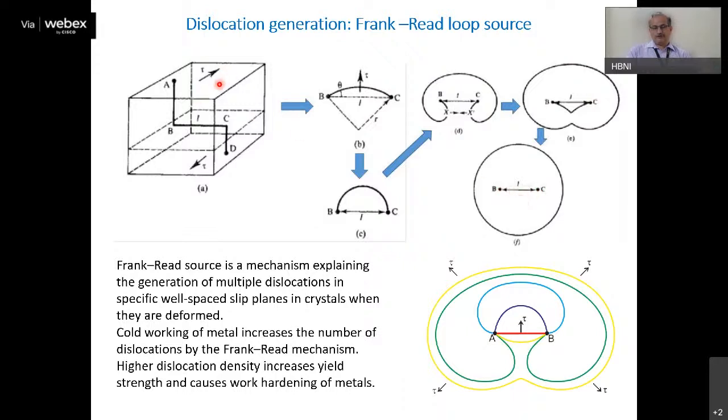As you go on further applying more shear, some more dislocation loops will be generated. You will see here, as you go on applying shear, these loops go on. So your dislocation generation happens also under plastic deformation, and that can further contribute to plastic deformation.